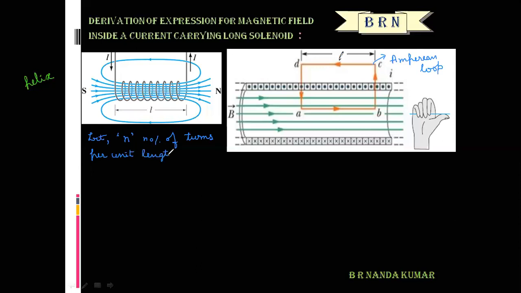Number of turns per unit length of the solenoid. Small n means number of turns per unit length of the solenoid.